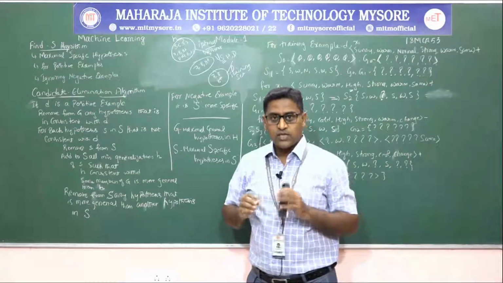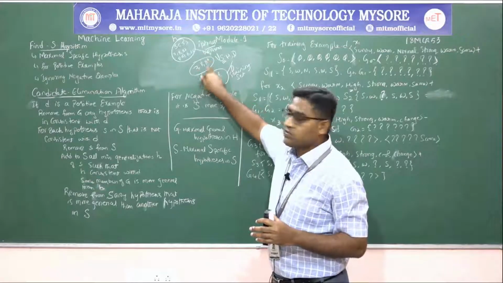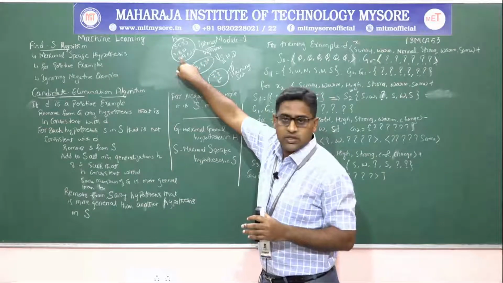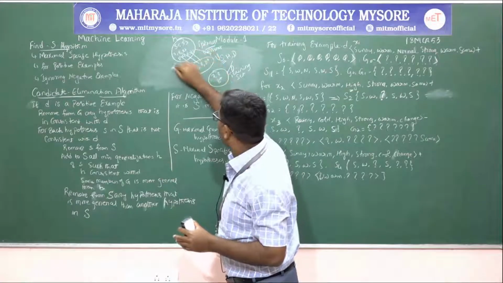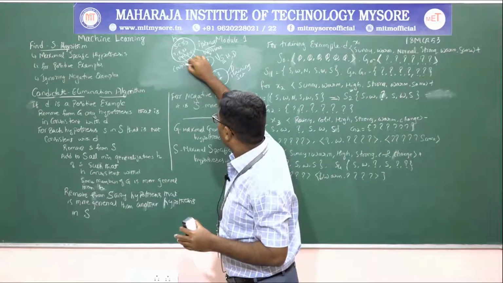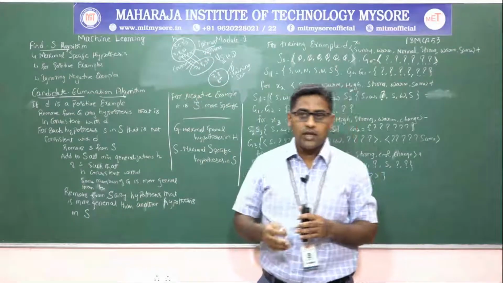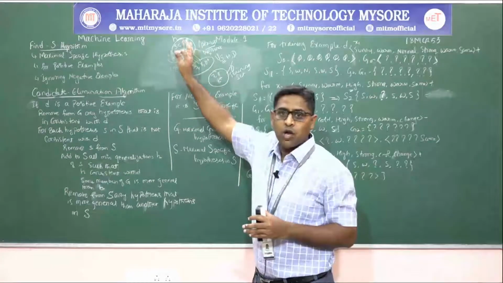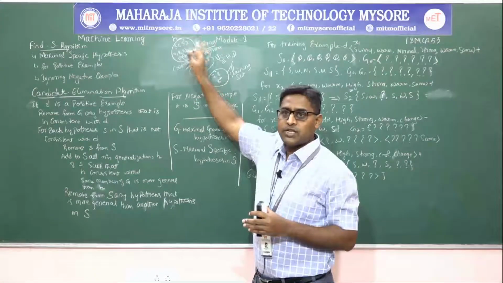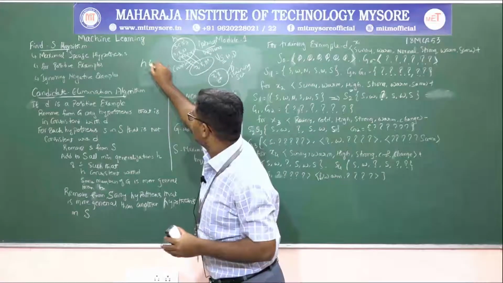That version space 7, 8, 8 Plus, which is a subset of the hypothesis H, will be cross-checked for consistency: whether all the training data are derived from the same hypothesis and whether it is present or not. If it is present, then it should be satisfiable.